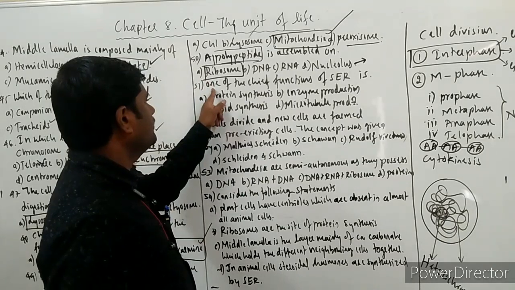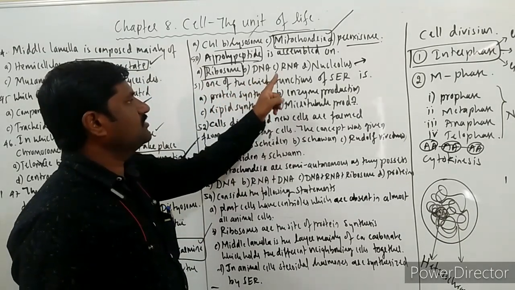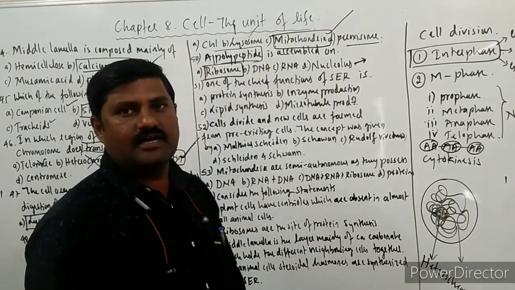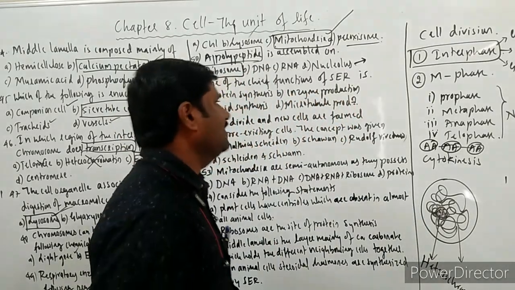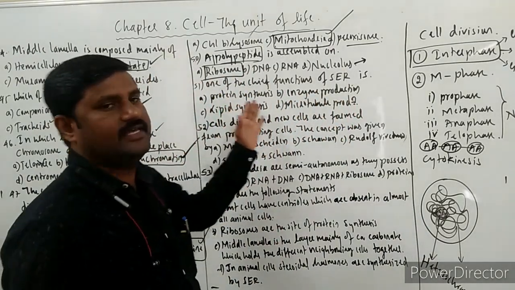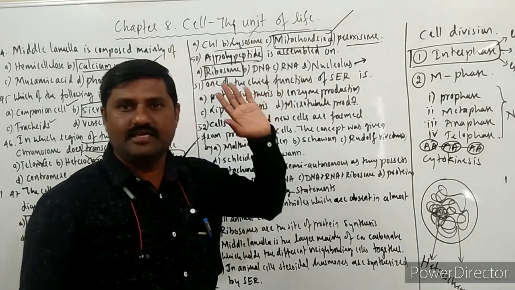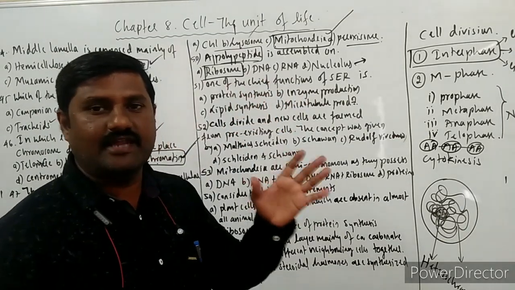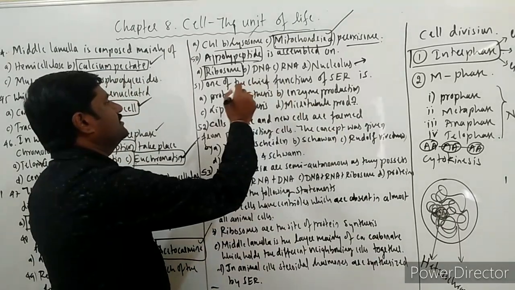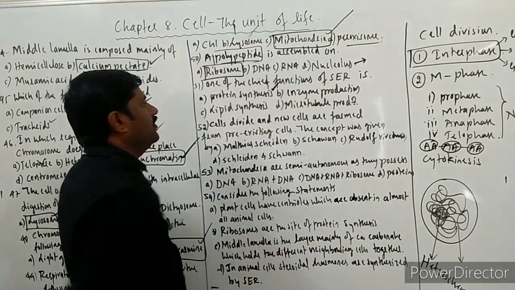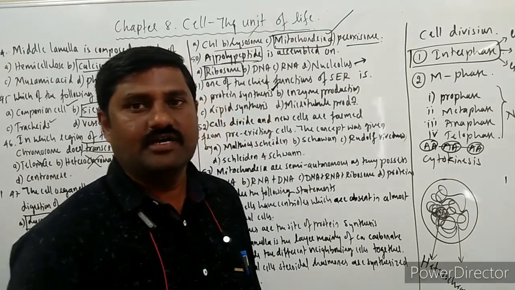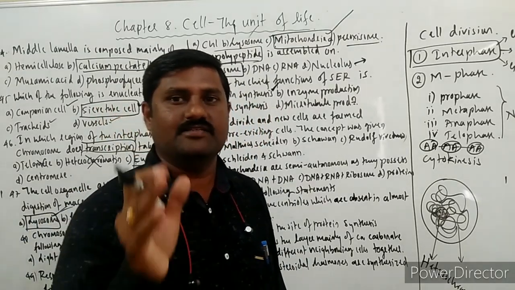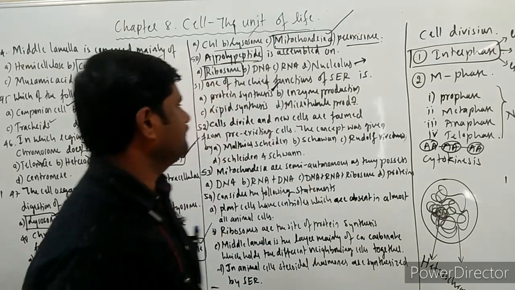Next one. One of the chief functions of SER, that is smooth endoplasmic reticulum, what does it help for? Some of the functions are mentioned here in the options. So let us choose the correct answer, right? What is the first option? That is protein synthesis. As I have already mentioned, ribosomes are the protein factories, they perform this action.